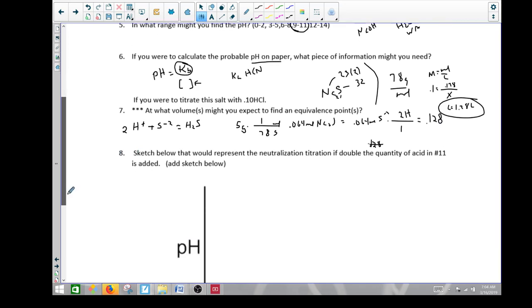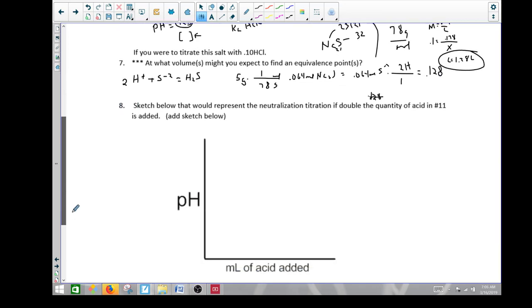Sketch below the neutralization titration if double the quantity of acid in number 11 is added. A couple things I would point out about this.